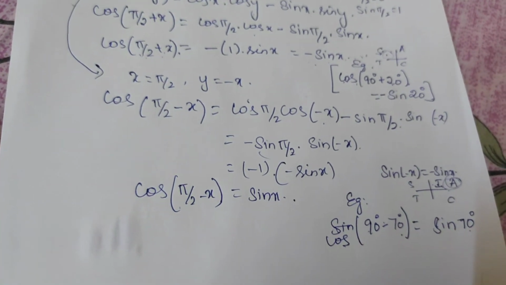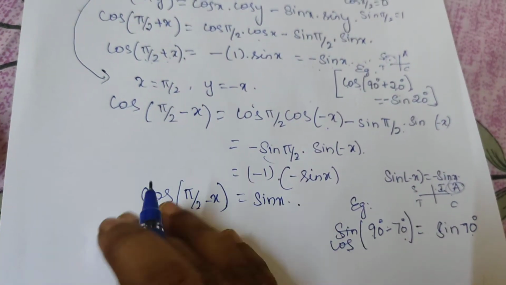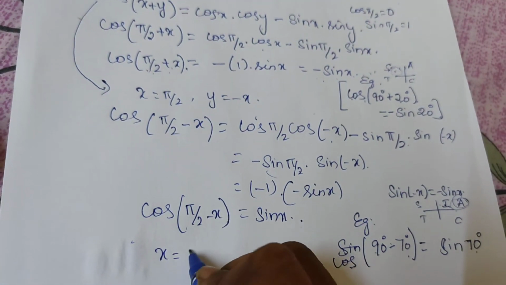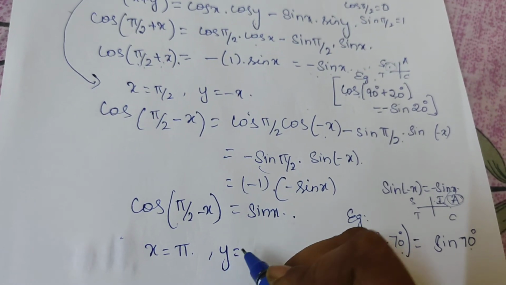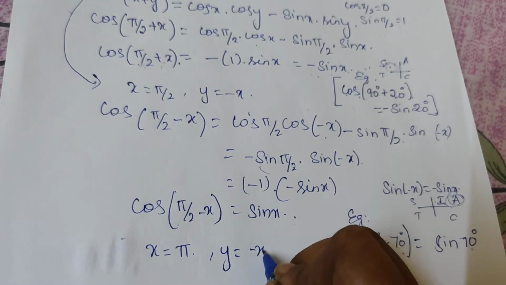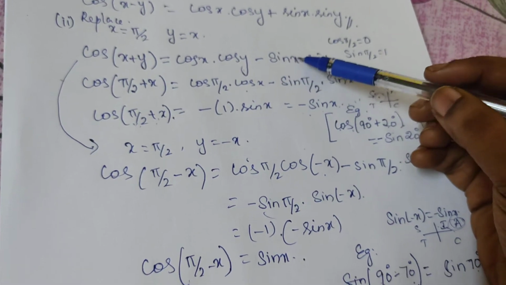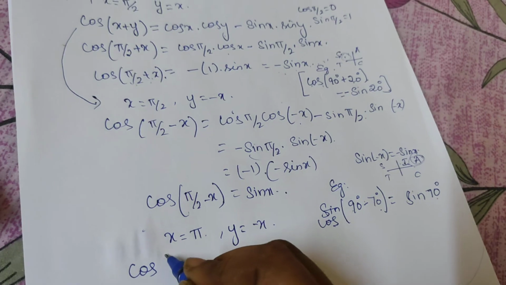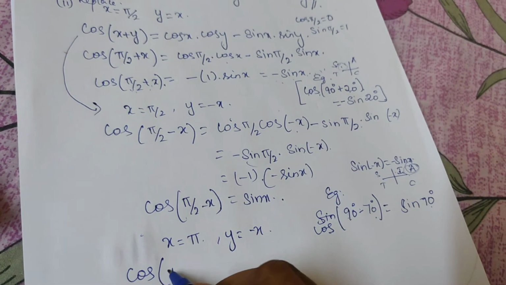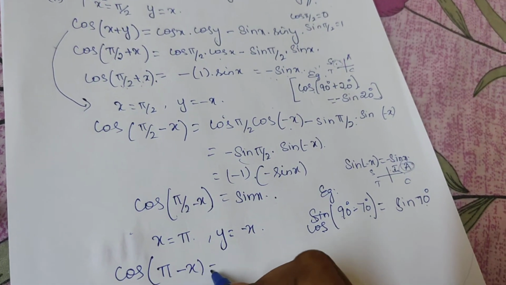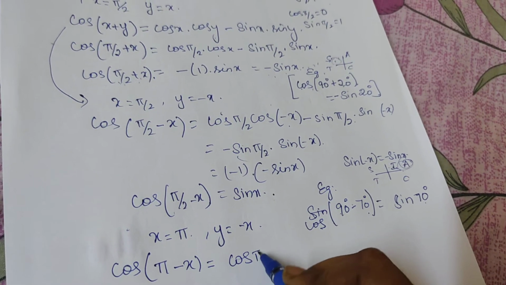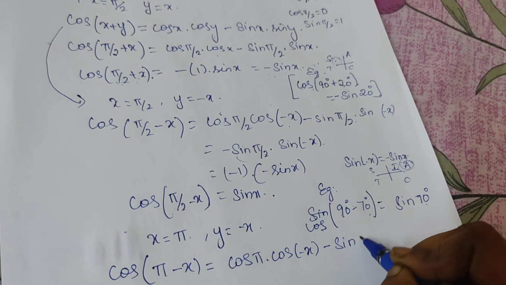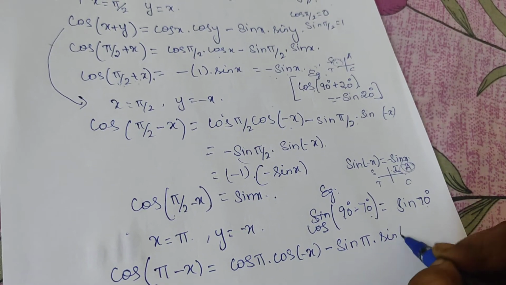Now we will replace x as pi and y as minus x in the same result. So we will have cos pi cos minus x minus sin pi sin minus x.